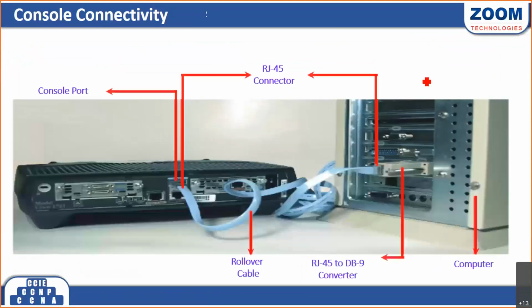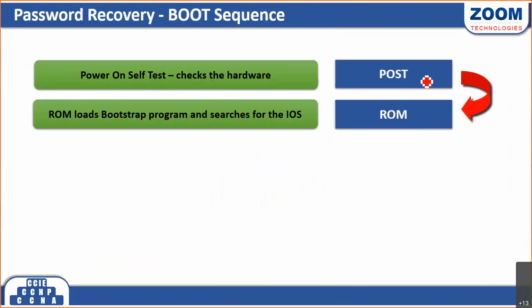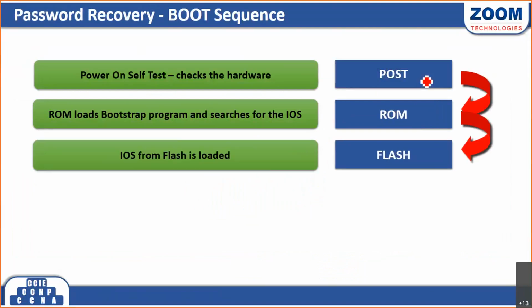You can connect the router to the PC and do the steps. The boot sequence: power-on self test checks the hardware, ROM loads the bootstrap program and searches for the IOS file, and IOS from flash is loaded.